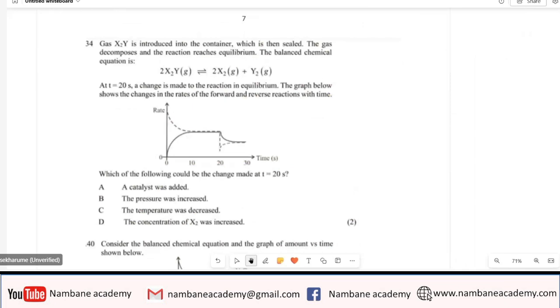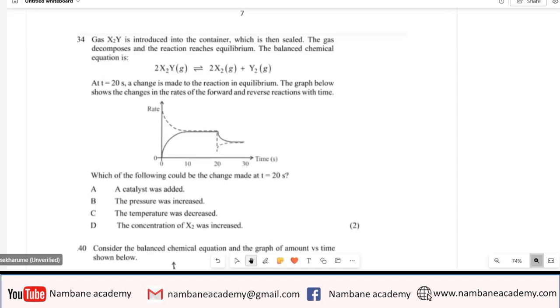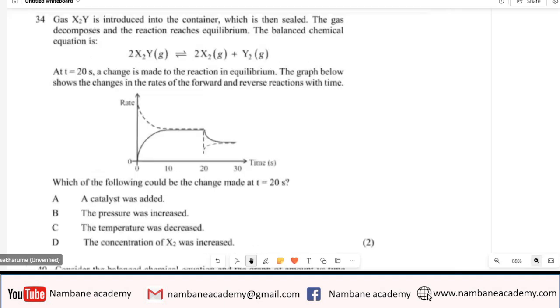The graph below shows the changes in the rate of the forward and the reverse direction with time. Forward and the reverse. Okay. So which of the following could be the change made at time equal to 20 seconds?